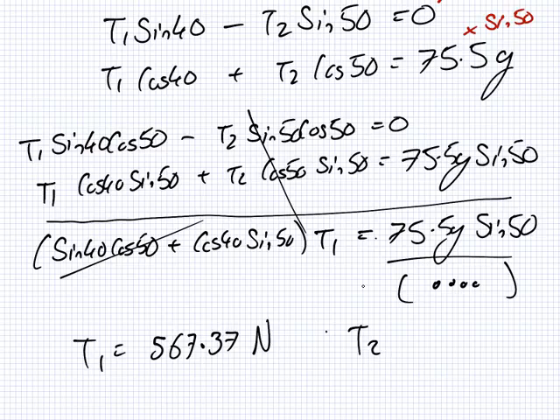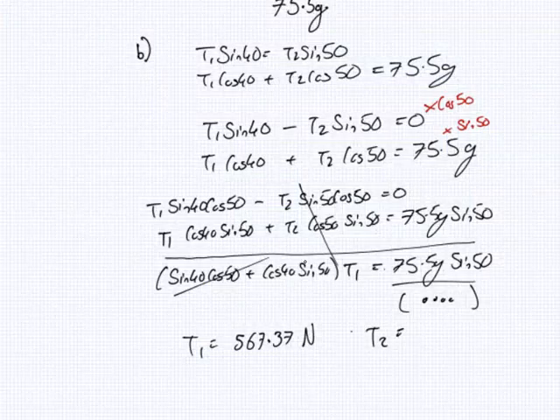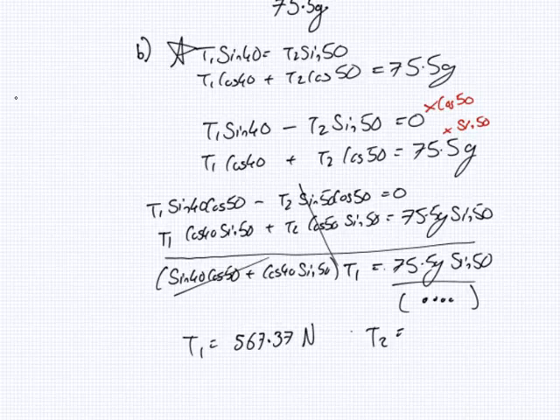For T2, I think the easiest way would be to use this formula, because I can say T2 is sine 40 over sine 50 times T1.